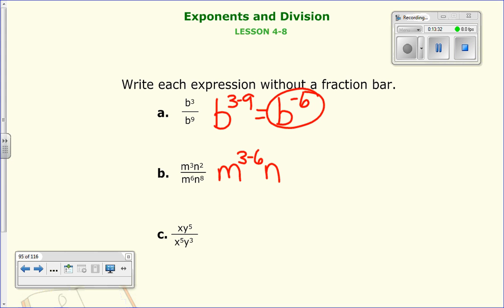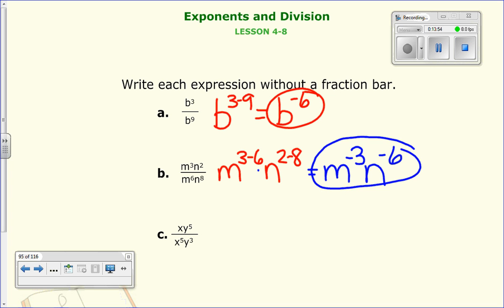And then I could do the n's right away too, 2 minus 8. And then I solve. So we have here m, 3 minus 6 is -3. And then times n, well, 2 minus 8. Again, the signs are not the same, so you subtract them. 8 minus 2 is 6, 8 is negative, so it'd be a -6.